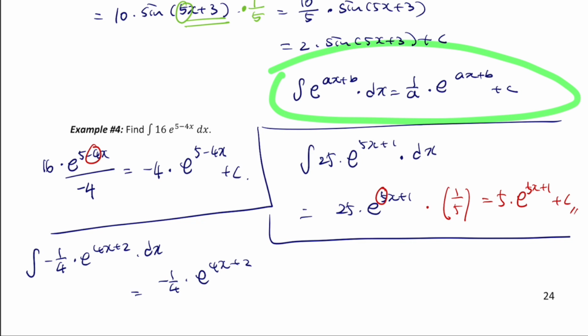Then we multiply the fraction that has the coefficient of the x as a denominator. So we multiply the 1 over 4, and it becomes negative 1 over 16 times e to the power of 4x plus 2 plus c.